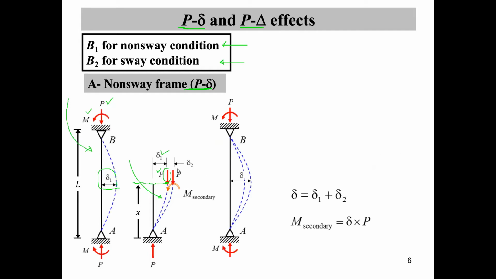The lateral deflection or displacement will increase to delta 2 when the structure reaches equilibrium in the final displaced position. Therefore, the total displacement delta will be delta 1 plus delta 2, and the corresponding moment, or the secondary moment, M secondary equals delta times P.